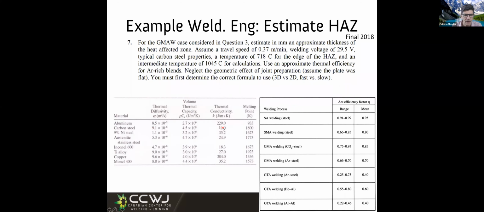Here we have k, the thermal conductivity. And then to calculate the power into the weld, we need an efficiency. So this says use thermal efficiency for argon-rich blends. For MIG, it suggests something of the order of 0.7.